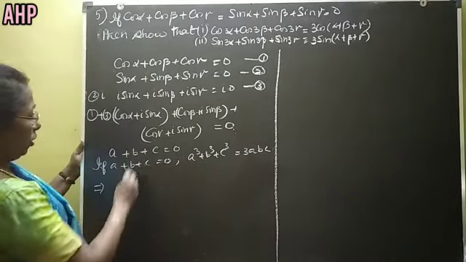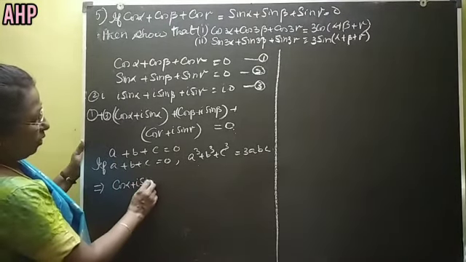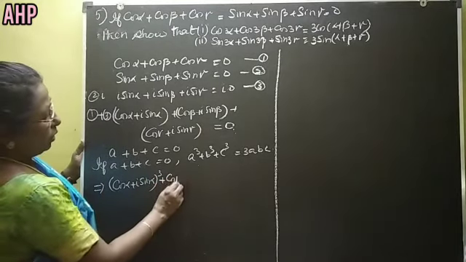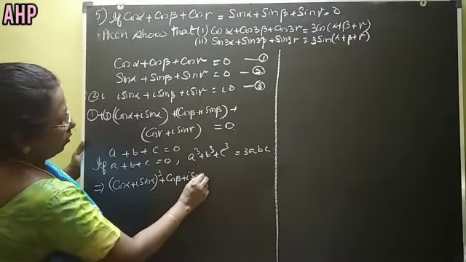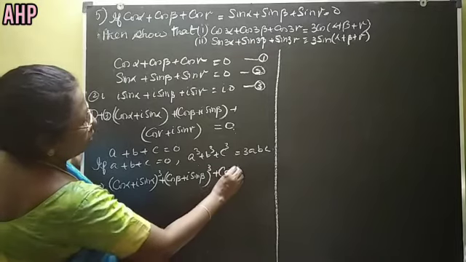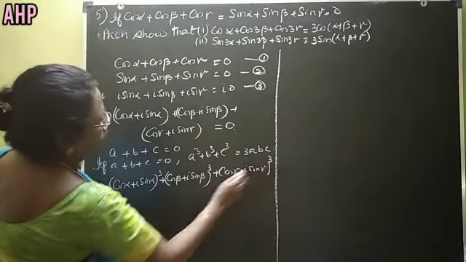Therefore A cube is what? Cos alpha plus I sin alpha the whole cube plus cos beta plus I sin beta the whole cube plus cos gamma plus I sin gamma the whole cube.